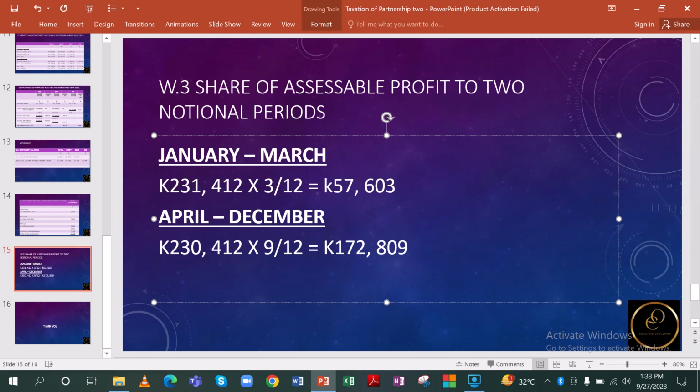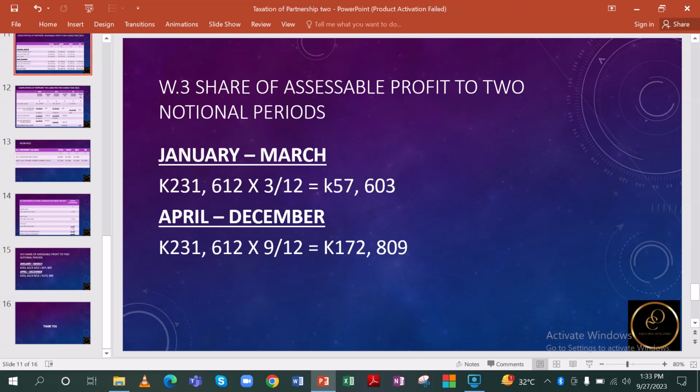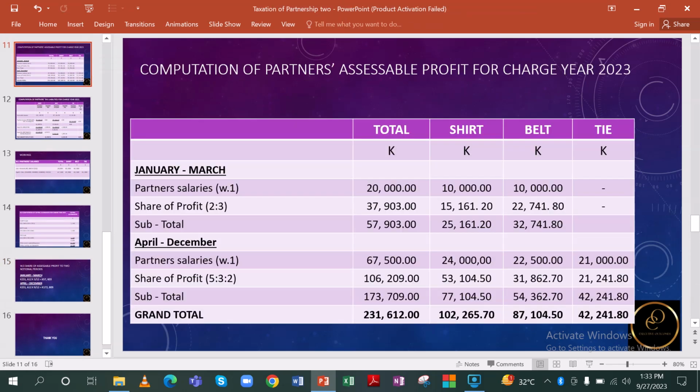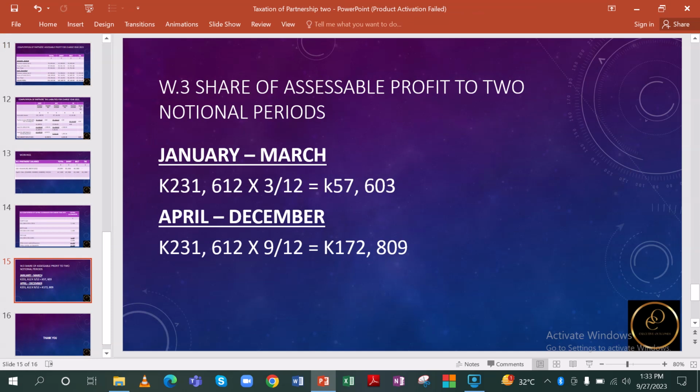When you work out this ratio, you are going to find that for the first period, it will be 57,903.